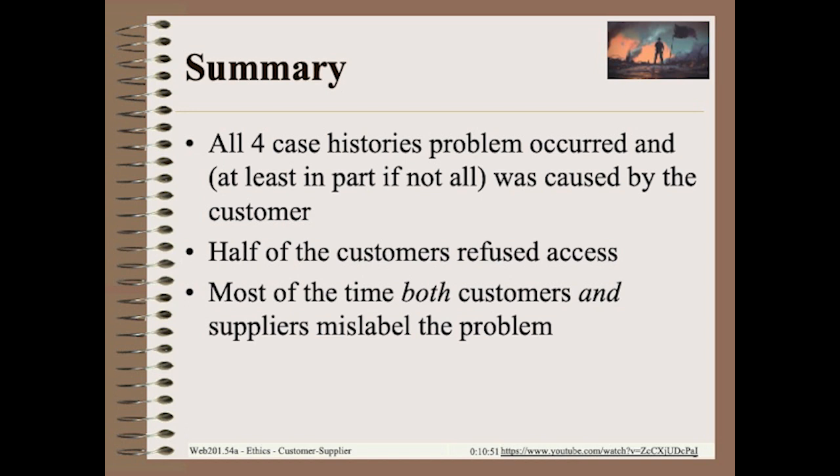But at the same time, the supplier can refuse to pay for such poorly documented claims. And certainly, these two parties are not working together as problem-solving partners. Finally, in most cases, both customers and suppliers mislabel the problem.